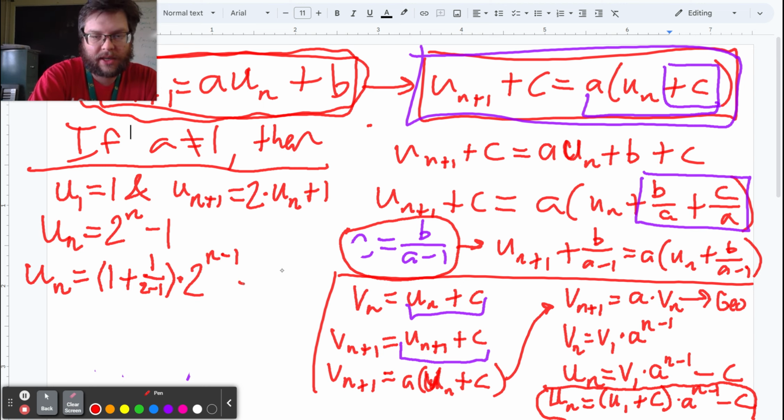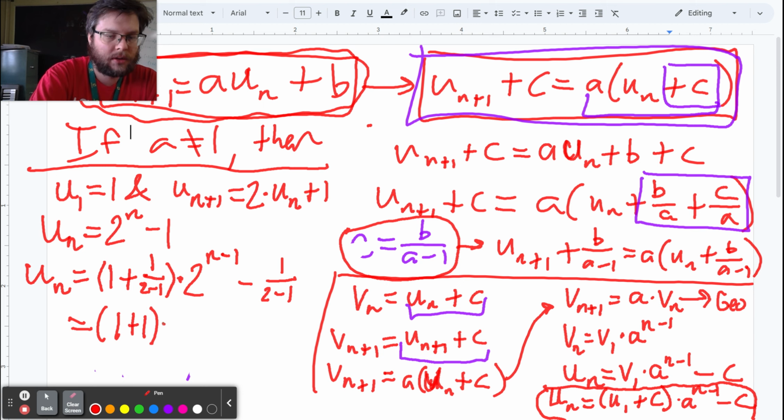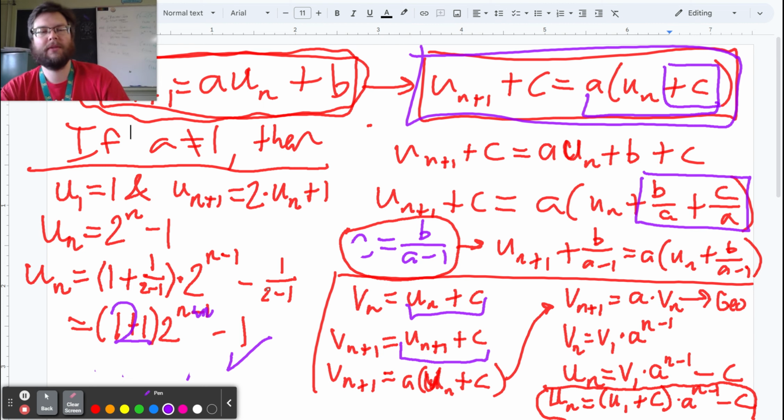And then we are subtracting c, which is 1 over 2 minus 1. If you go through and calculate each of those pieces, you'll see that these parentheses become 1 plus 1. We have 2 to the n minus 1 and minus 1. Because this number inside the parentheses is another copy of 2, multiplying another copy of 2 makes the power of n, which checks out with the rest of the formula.